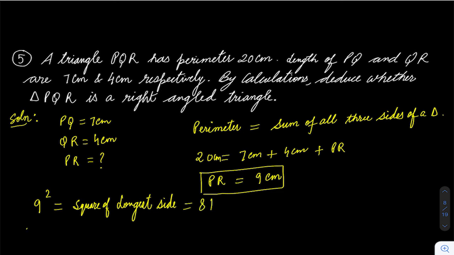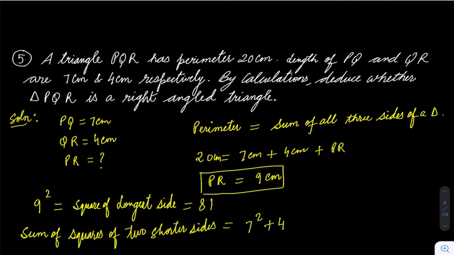So now let's find the sum of squares of the two shorter sides. What are the shorter sides? 7 and 4. So 7 square plus 4 square, which is nothing but 49 plus 16. That is nothing but 65.